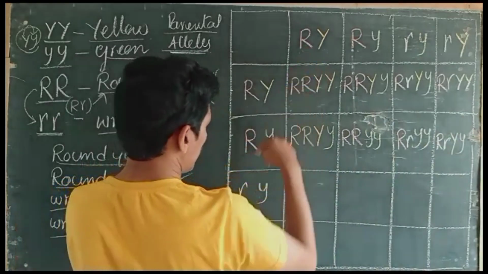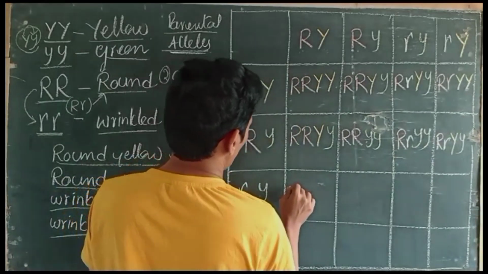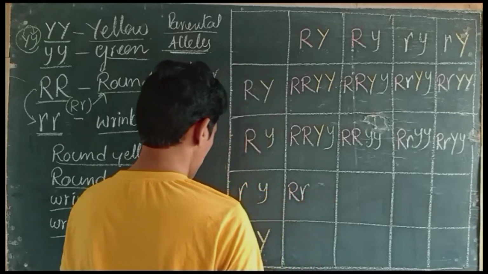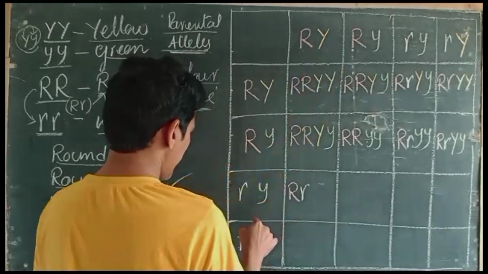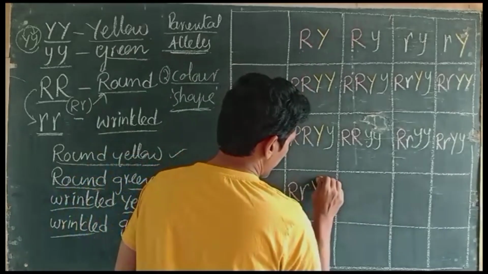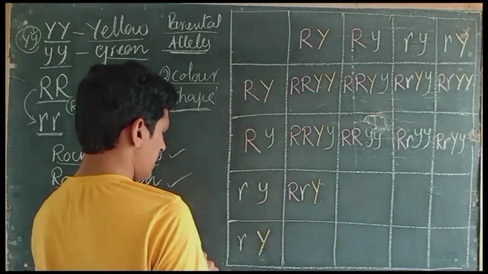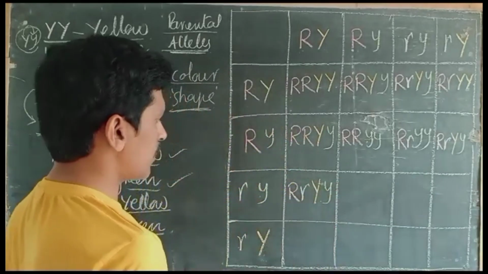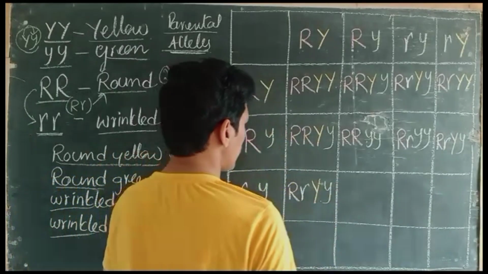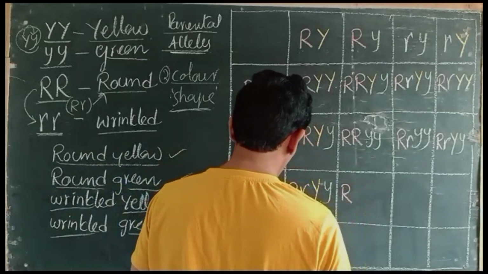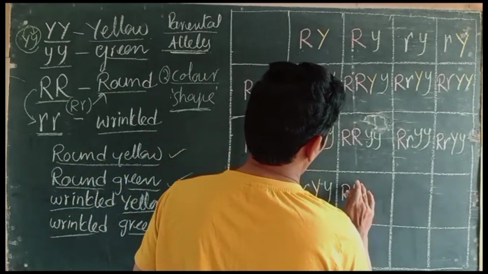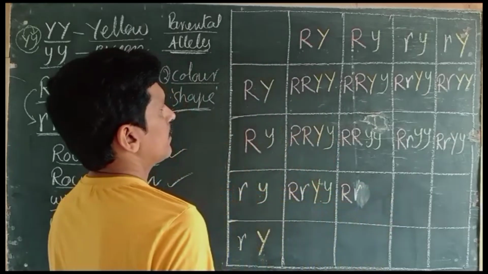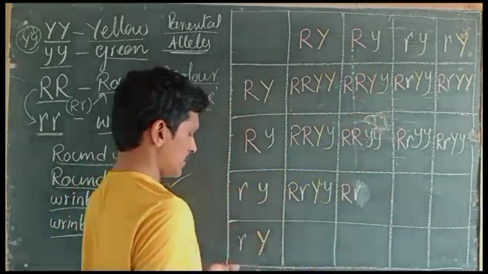Next one, capital R into small r, capital R, small r, capital Y, small y. Capital Y indicates yellow in color, and small y we have given as the indication of green color, right? Later capital R, small r, again capital R, small r, capital R, small r, and small y.